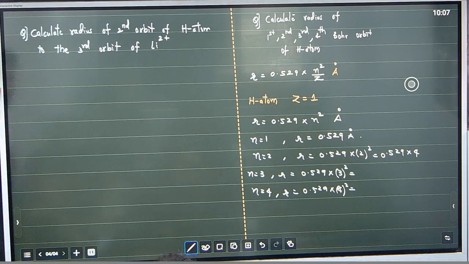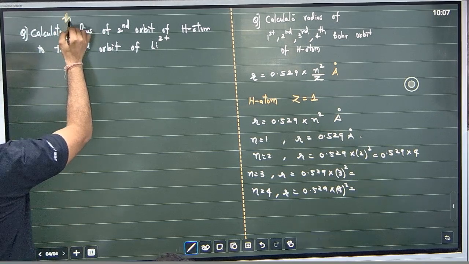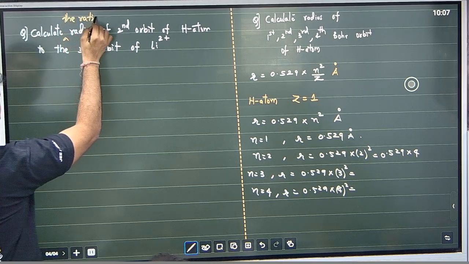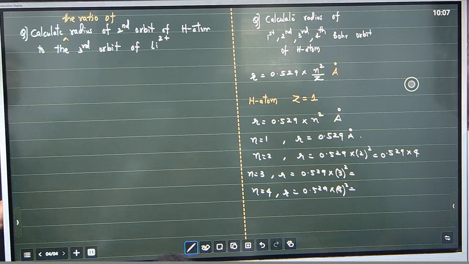Chalo. Now, we'll discuss the second question and then you complete both together. What does the second question say? Calculate the ratio of the radius of the second orbit of hydrogen atom to the third orbit of lithium atom.